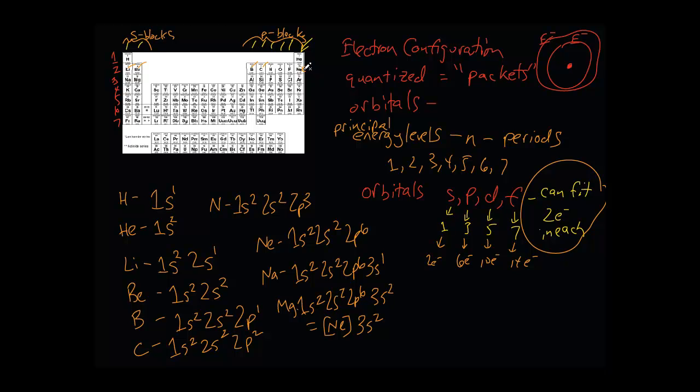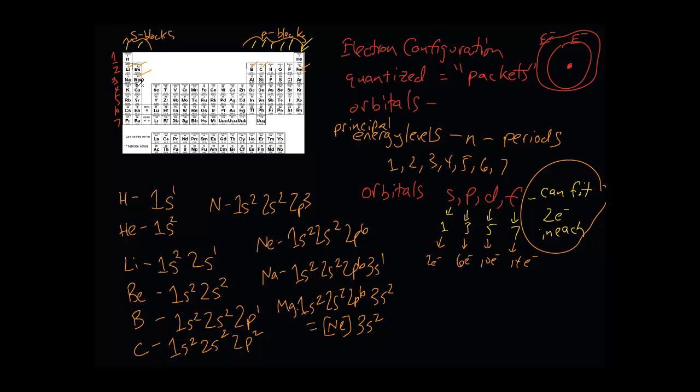All of these orbitals are filled exactly like neon. But now we're just going to add 3s2 to that, and that's magnesium. See? And of course, aluminum, you're going to get to 3p1, 3p2, 3p3, 3p4, 3p5, 3p6. Then it's going to go for potassium, 4s1, 4s2, and so on.